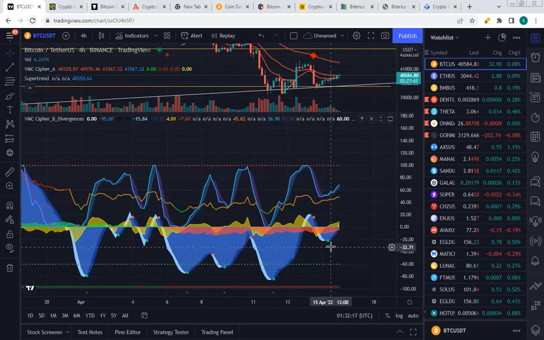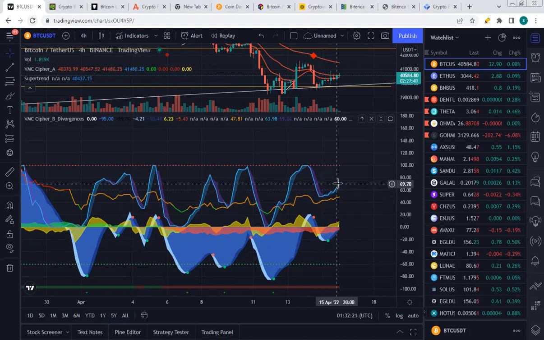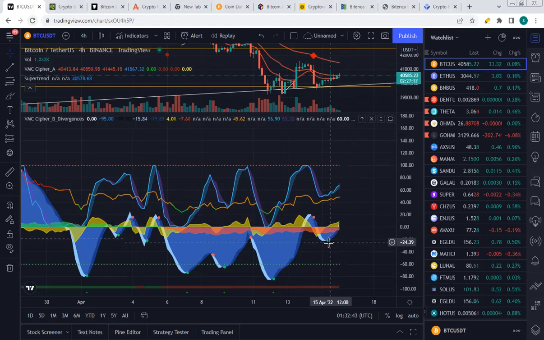We can see that the stochastics are at 69 on the 4-hourly, the RSI is at 45, and the money flow to volume indicator is at 8.9. Generally, when it gets to around about 20, that's a time when we have to be vigilant and look out for a reversal. So at the moment, 8.9.